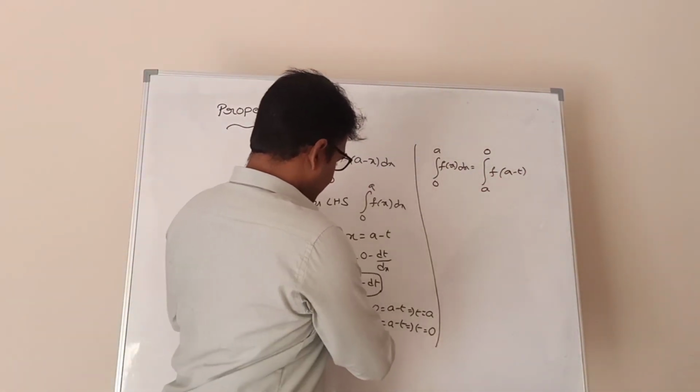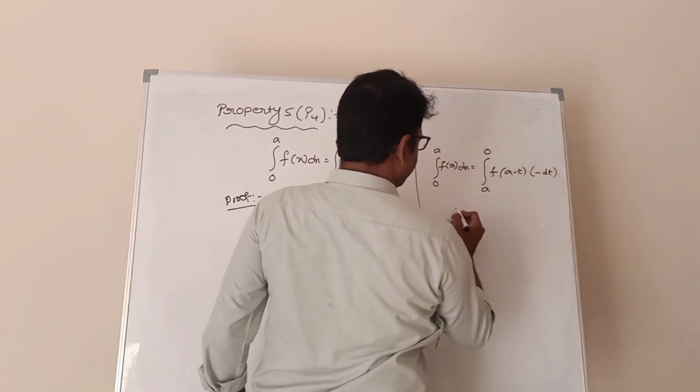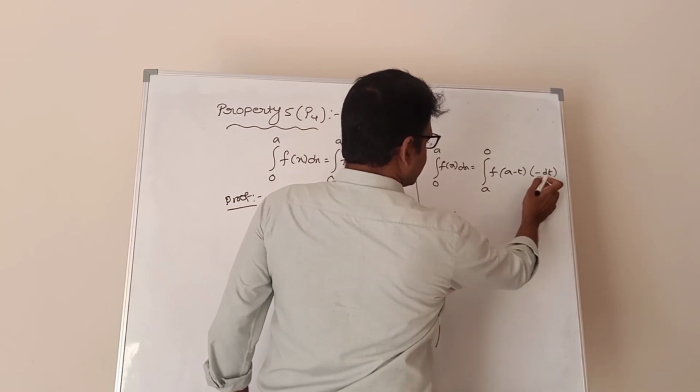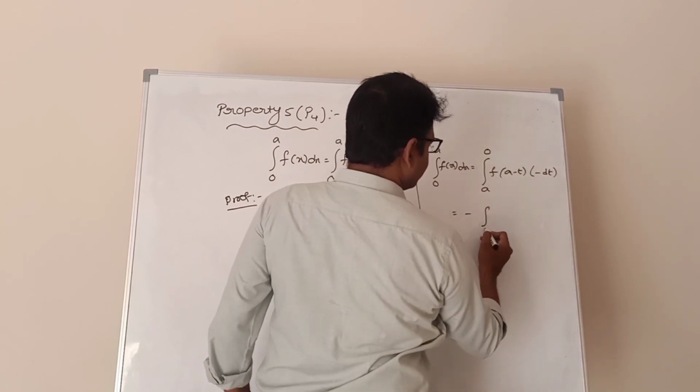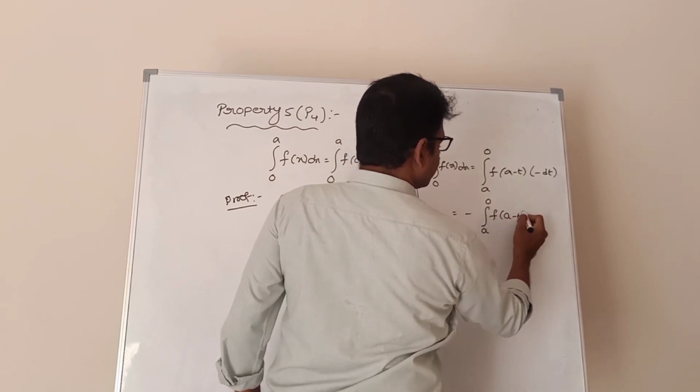Dx equal to minus dt. So next, minus will come here: minus of a to 0 f of a minus t into dt.